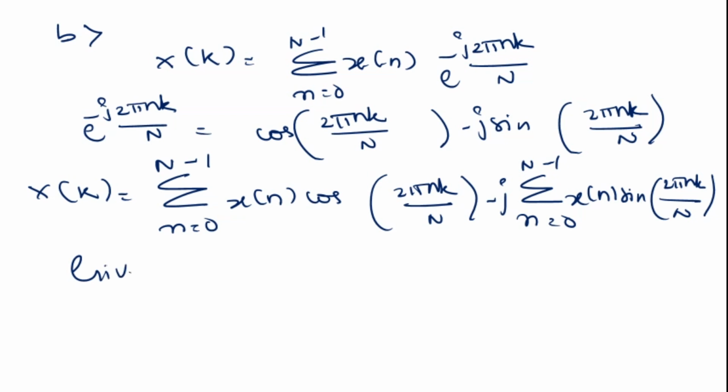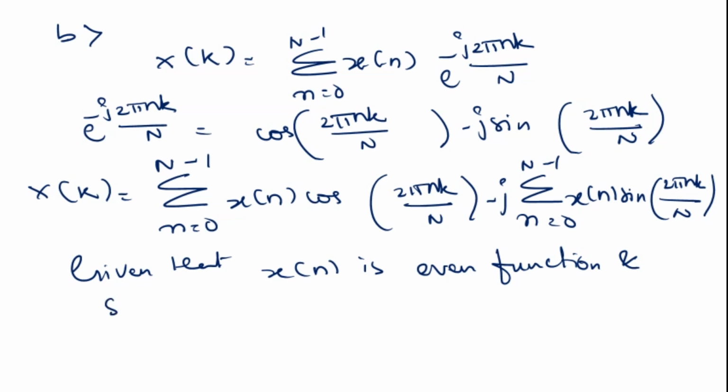Given that x of n is an even function and sin of 2 pi nk by N is an odd function.